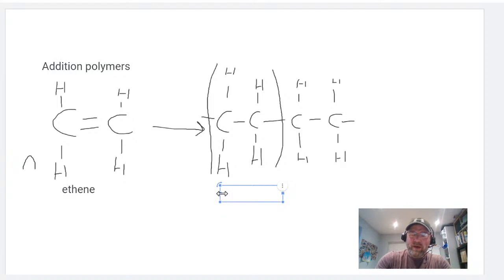But we still give it the name of the alkene. We say poly, meaning many, and then ethene. So it's telling you what it came from: polyethene, many ethenes. So you don't change the name to ane like you might suspect. That's known as addition polymerization.